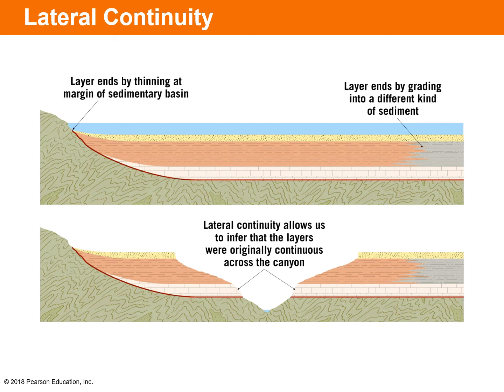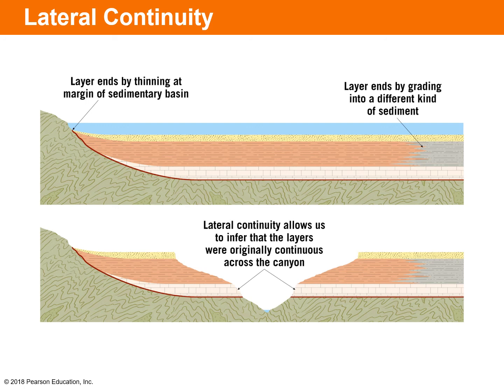And then on the right side, you can see that the layers of sediment end by grading into a different kind of sediment. So if you imagine that middle layer, the orange or pink looking layer, to be sandstone formed from sand being buried and lithified, then maybe further to the right you could imagine that being limestone.